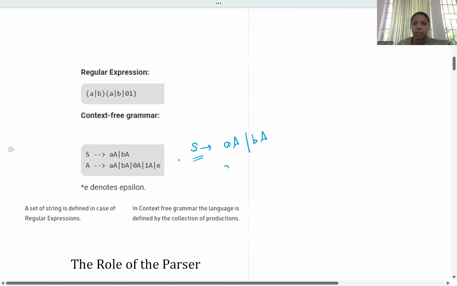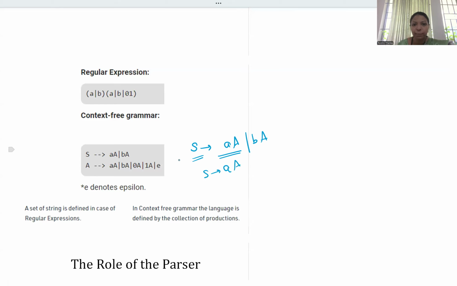First, if we go for this production, S derives small a and capital A. Small a is a terminal, which we will be discussing, followed by capital A. Capital A is a non-terminal which has all these options, so I can go for any one of these.